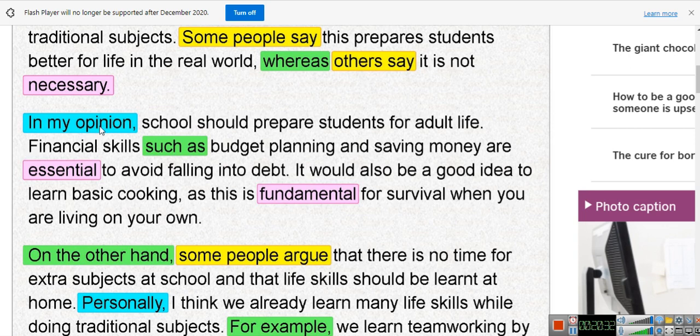Now notice how there are some words highlighted. This is what was noticed by Alejandro. Very good. So here it starts with "my opinion." Then we have "such as," and notice how he uses "essential." Another piece of advice I have for you guys is to stop using the word "important" or "very important."